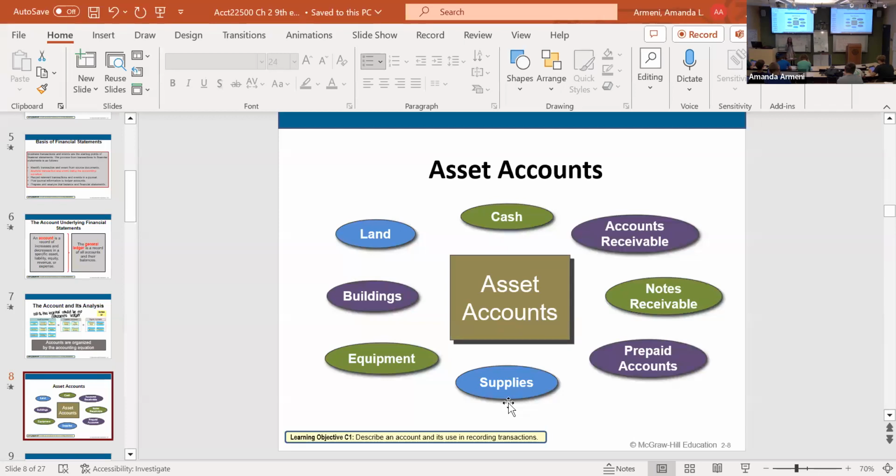Supplies. What is the difference between supplies and equipment? Yeah, Caleb. Absolutely. It's multi-use, in the sense that a piece of machinery we may use for a particular product and then we can move it and use it someplace else in our facility. Multiple uses.